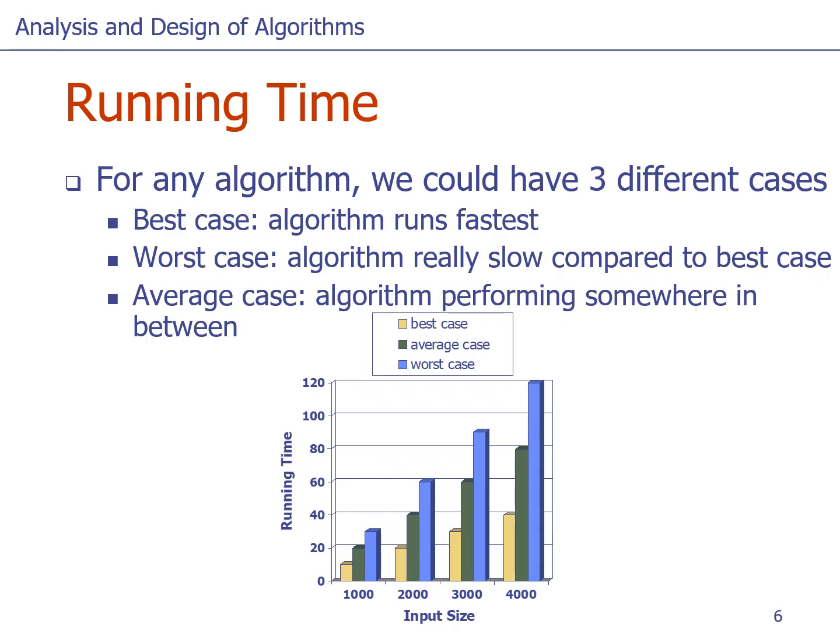For any given algorithm, we can think of a case where the algorithm will run in what we call the best case, which is the fastest performance, and there is a case where the performance of the algorithm degrades, so we will call it the worst case, and there is the average case as well. And the difference between best and average and worst could be really huge.